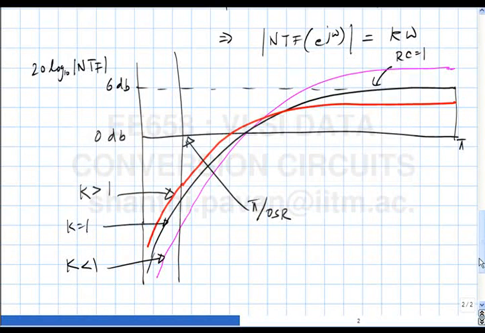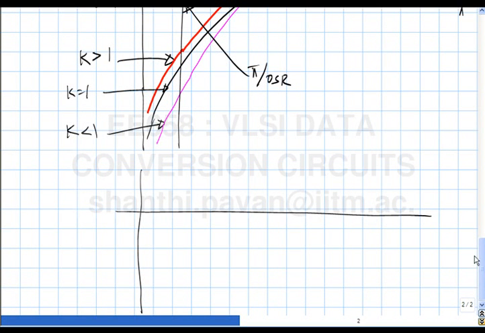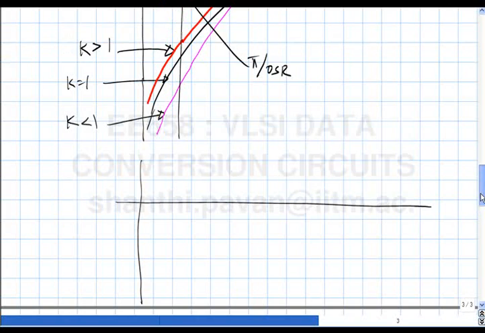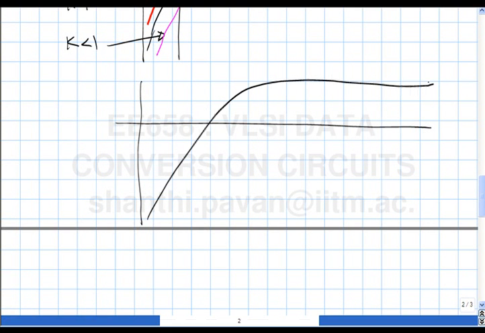So, extrapolating the same thing to higher order NTFs, what happens in practice is the following. If this was the nominal NTF, please note that when compared to a first order modulator, let's say this is a third order modulator, what difference would you find?